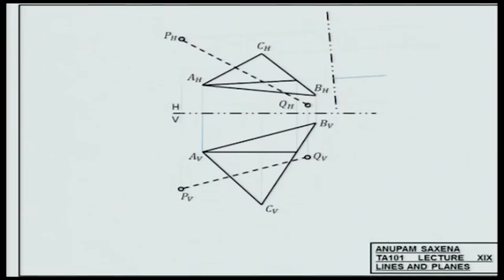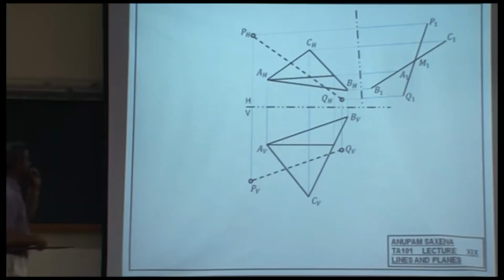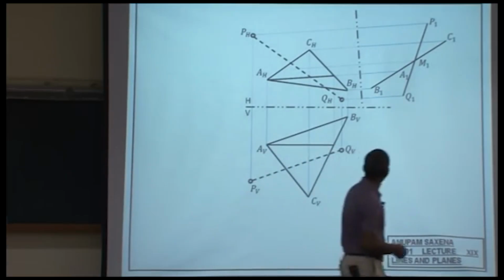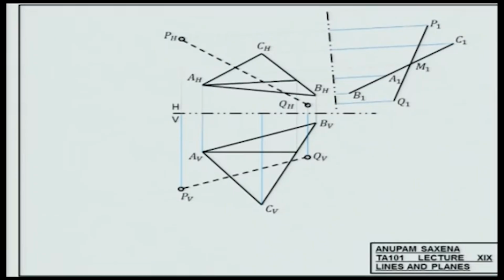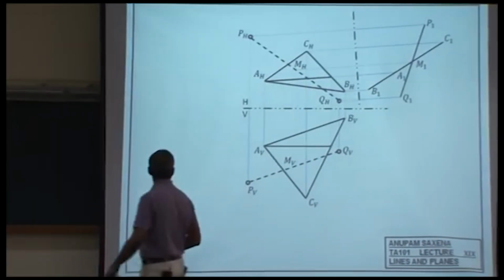Projectors from P and Q out, measure distances from the bottom view, transfer distances on the auxiliary plane, get the edge view of the plane, mark the points on the plane, get PQ also. All right, so that's your point of intersection. And project it back onto the line PQ. That's MH. Project it down. That's MV.